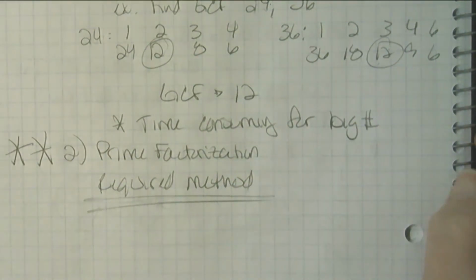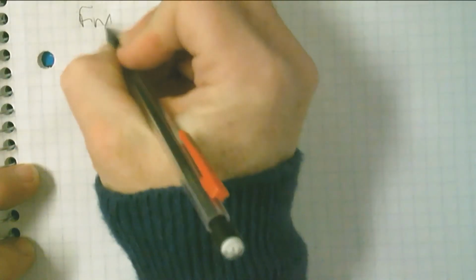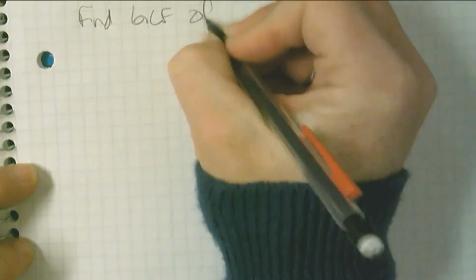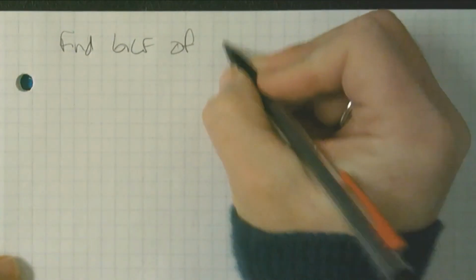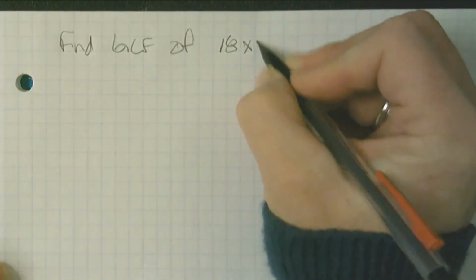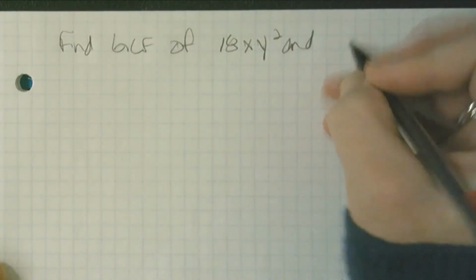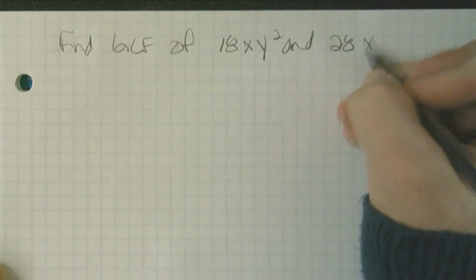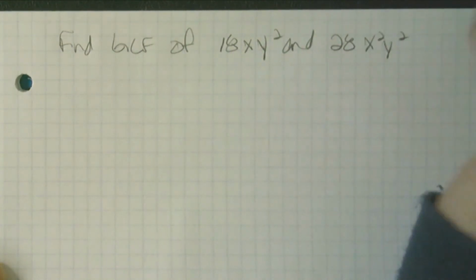So let's take a look at what we're going to do. I'm going to start right away with numbers with variables in them. So I want to find the GCF of 18xy squared and 28x squared y squared.